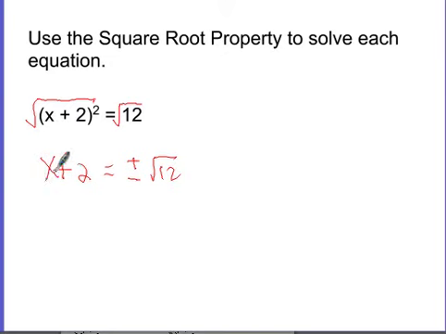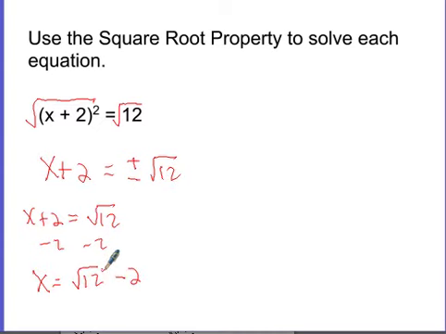So how do I solve this? I've got to do x plus 2 equals positive square root of 12. Subtract 2. So x equals square root of 12 minus 2, and make sure that your minus 2 is outside of the square root box. And then you've got to do x plus 2 equals the negative square root of 12.